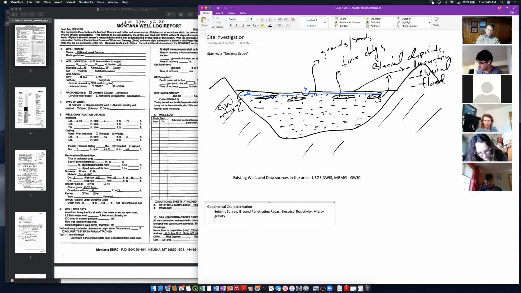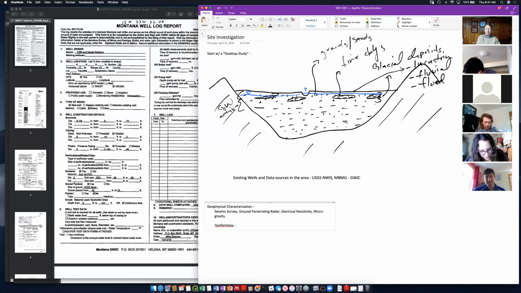Now, another term for geophysics is geofantasy. And that is because there's a lot of ways you can interpret the data.